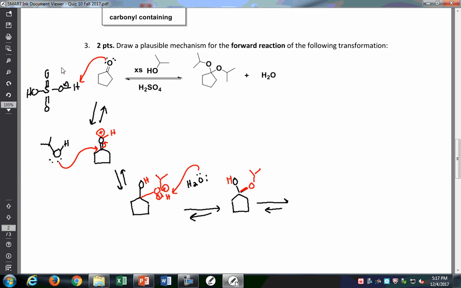So then we want a second attack of our alcohol, but what's gonna have to happen is we need a good leaving group, and that leaving group is gonna be water, but it's not gonna leave as OH minus. So again, we have to have another proton transfer.